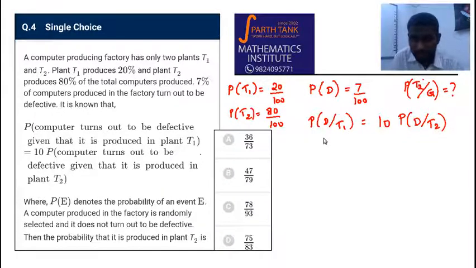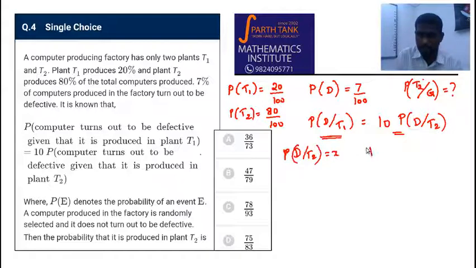Now first of all, can we find out numerical values for these probabilities? Let us take probability of D given T2 as x. Now this would give probability of D given T1 as 10x.